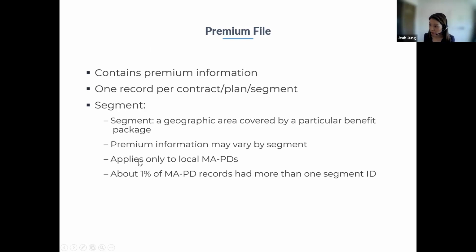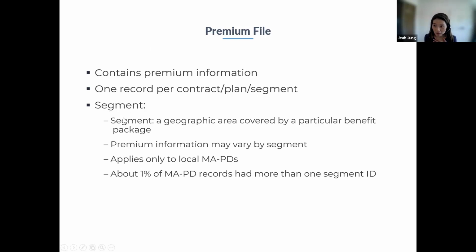It doesn't sound really fair that you have exactly the same benefit package, but why is it more expensive than my neighborhood, right? It depends on the Part A and B payment system. If you understand how MA plans get paid from Medicare, then you can see how they actually play with this. But I'm not sure.